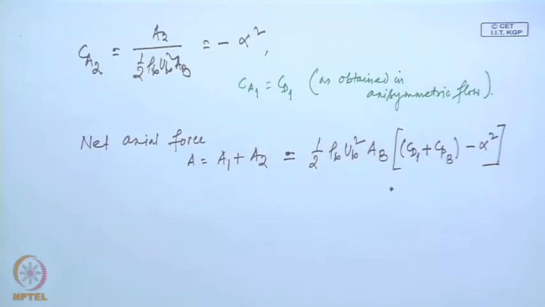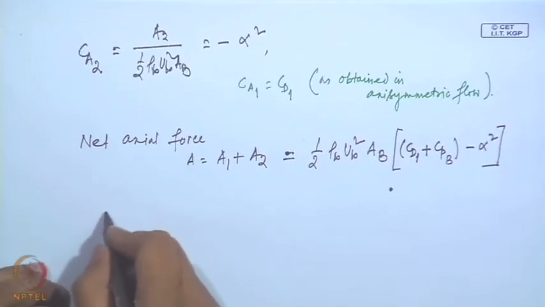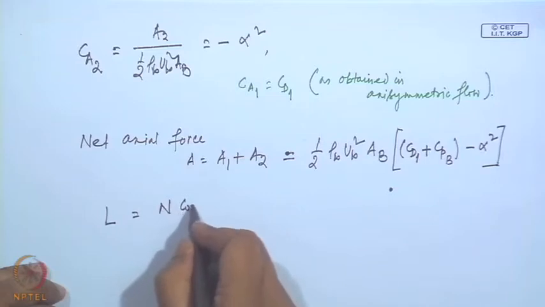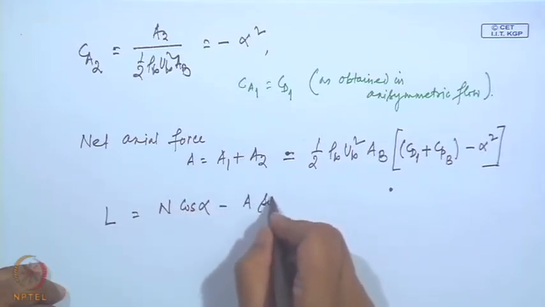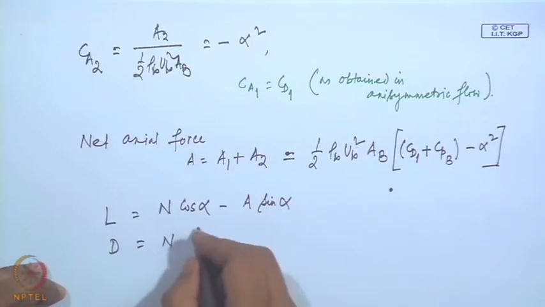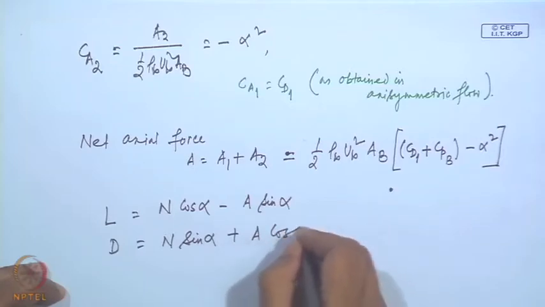Now, the lift and drag forces can be determined once the normal and axial forces are known. So, the lift force L is N cos alpha minus A sin alpha, and the drag force is N sin alpha plus A cos alpha.